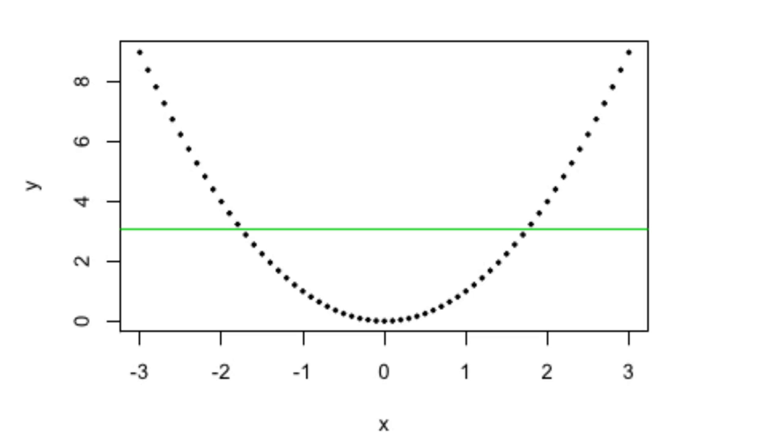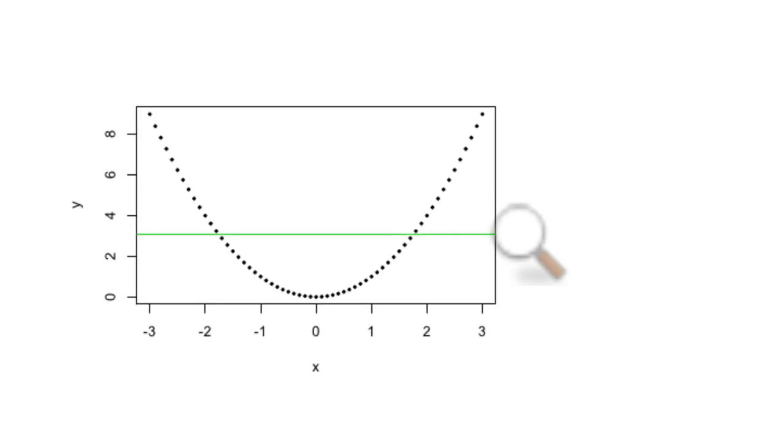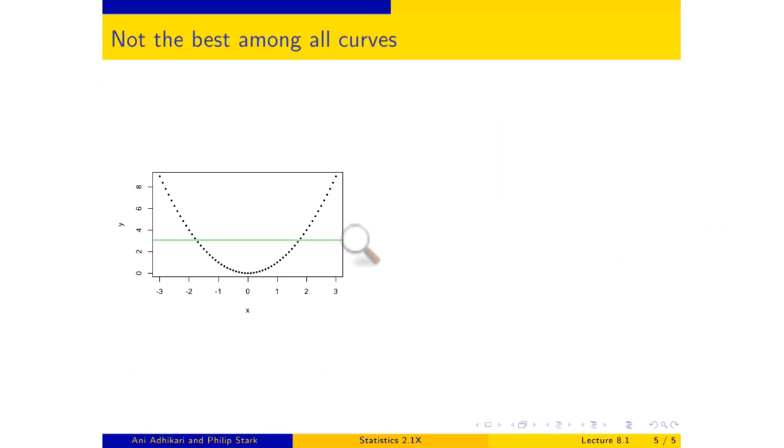I can put any line I want through it, and associated with any line that I put through it, there's an RMS error. And it turns out that the best line, the regression line, is flat. Right there. That is the best among all straight lines. So nothing really. You don't want to use the line in the first place. It's the best of a bad lot.